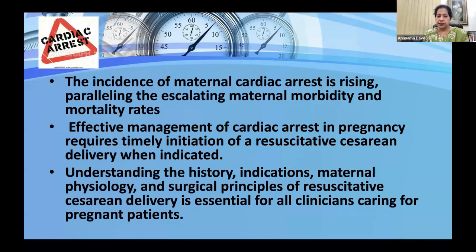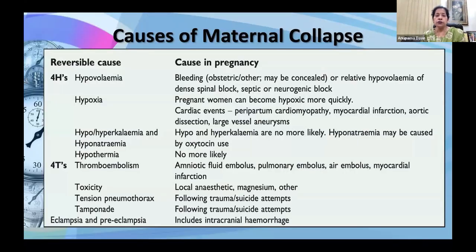Now, we all know these causes of maternal collapse. The 4 H's: hypovolemia, hypoxia, hyperkalemia, hyponatremia, hypothermia. And the 4 T's: thromboembolism, toxicity, tension pneumothorax, tamponade, and eclampsia and preeclampsia. So whenever a woman collapses suddenly, at times we do know what is occurring.